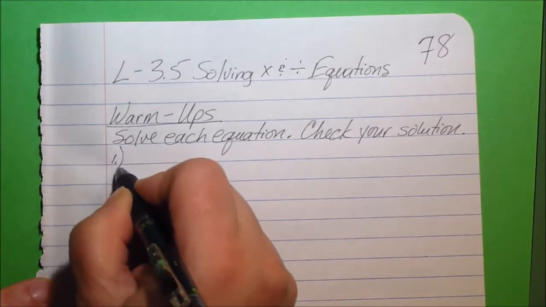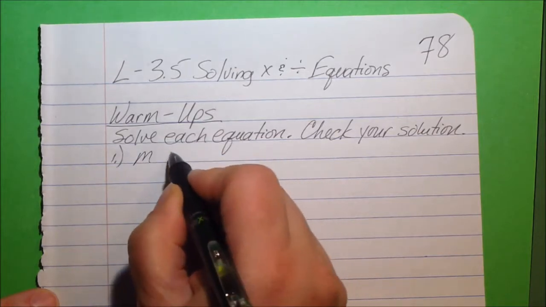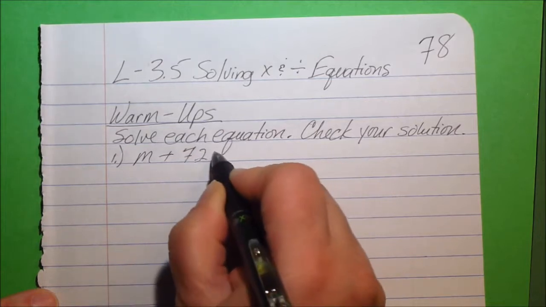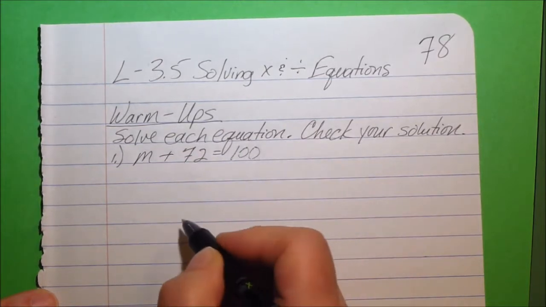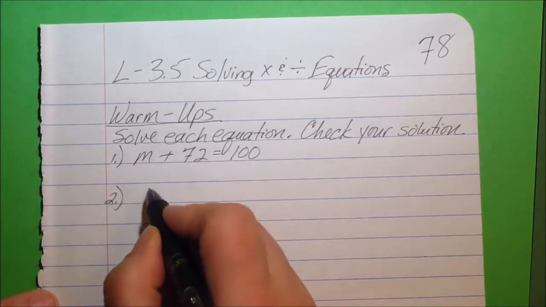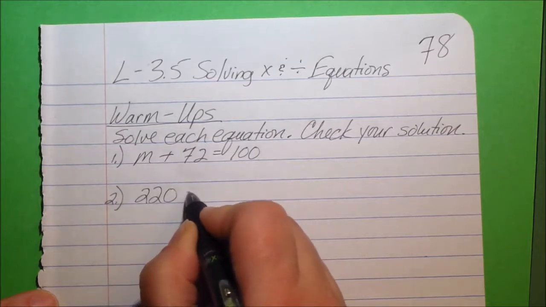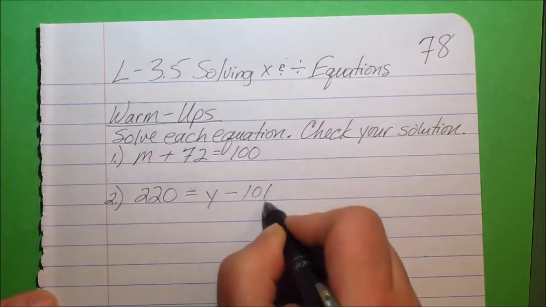So, the first one is m plus 72 equals 100. The second one is 220 equals y minus 101.